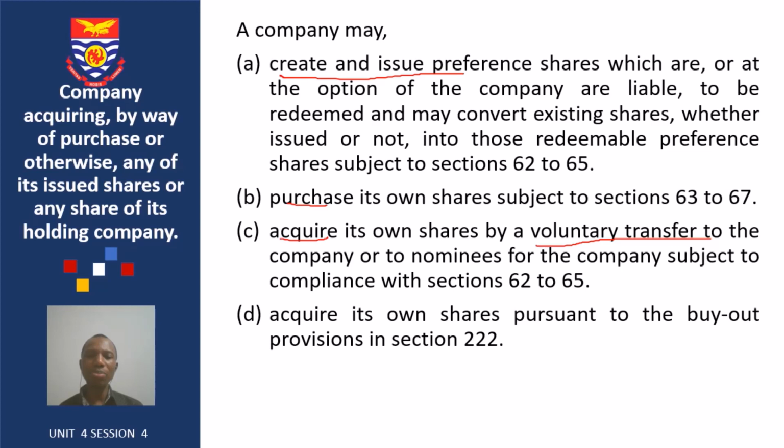So the buyout provision deals with the fact that if the minority are always not in agreement with the majority, the majority can come together, then buy the shares of the minority so that they will leave the company to bring peace in the company, especially when it is intentional, when the minority or a single shareholder is always in disagreement with the decisions of the majority. The law allows the company to buy out that person's share.